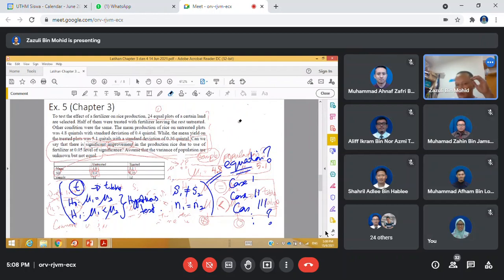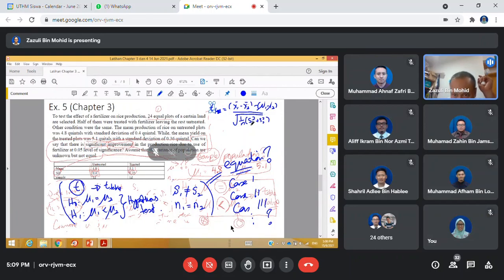Okay. Then the t-test is equal to x1 minus x2, mu1 minus mu2, divided by the square root of s1 squared over n plus s2 squared over n.